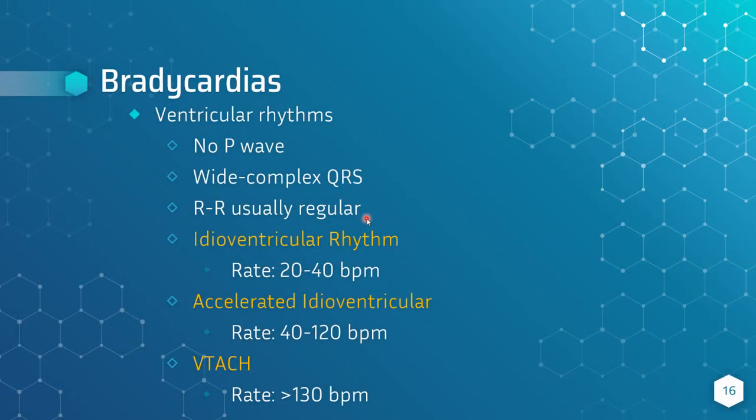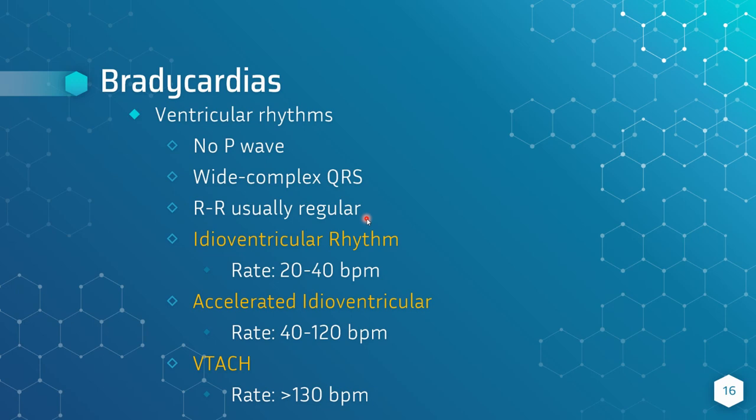And so the SA node doesn't fire, the AV node doesn't fire. So our last line of defense before cardiac standstill is the ventricles. The ventricles are the last line to fire, and with these, there's no P wave. The QRS complex is wide, and the R to R is usually regular.